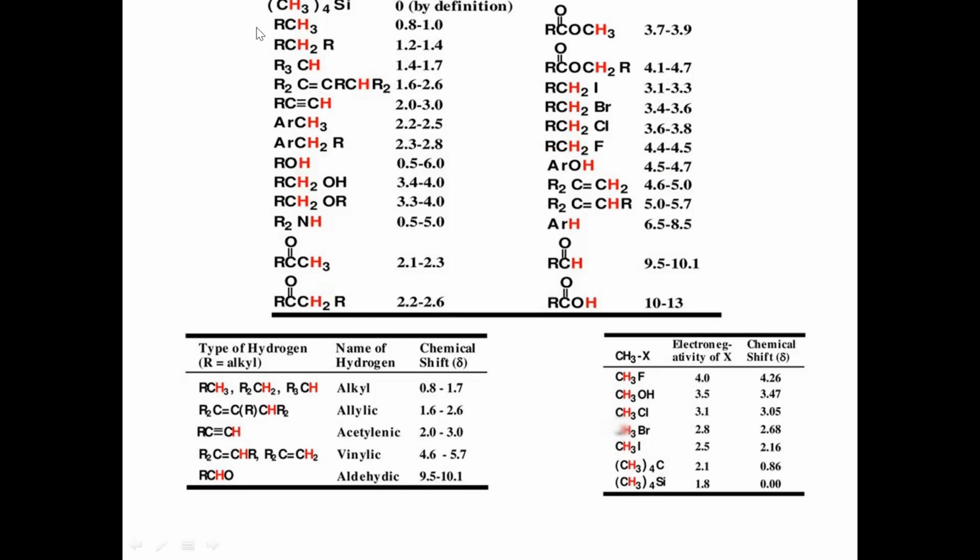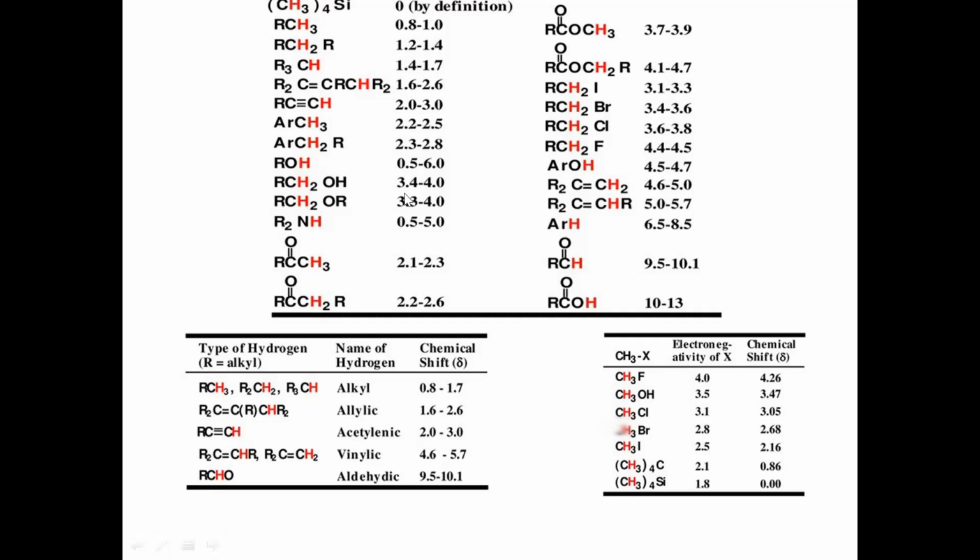In these delta values you can see that aliphatic peaks appear at 0.8 to 1.7, and this will increase due to the presence of an R group. If an R group is present, then the aliphatic delta value will increase. Similarly the effect of electronegativity also appears, and the delta value increases.